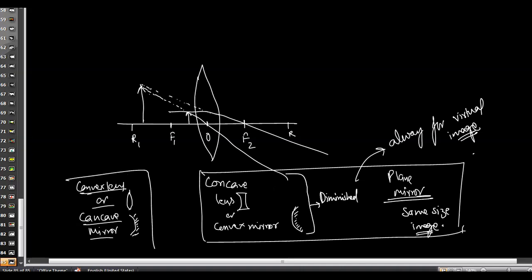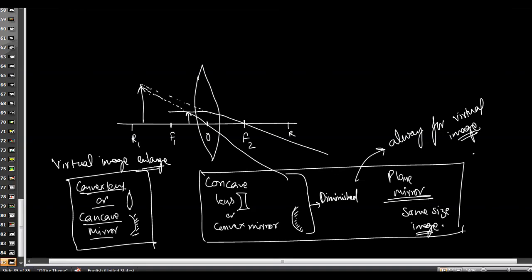But this one forms the real as well as virtual image. If it is forming a virtual image, then it will be enlarged. So it is clear and simple that if we have an enlarged virtual image, then it will be convex lens or concave mirror.